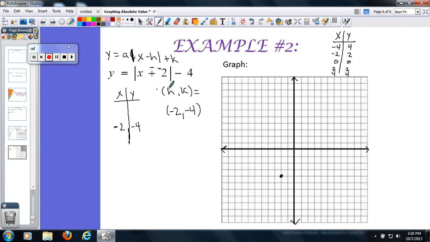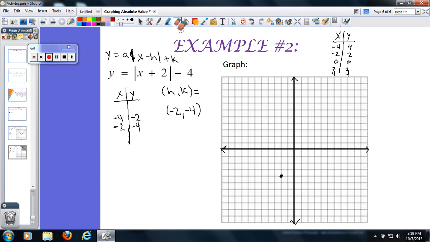Right here, the negative 2 is in the spot of the x, and I happen to subtract 2 from 0. So now, if I subtract 2 more to get the negative 2, my value should be negative 2 plus negative 4, which would be negative 2. And if we plug it in here, we should be able to get that same value.